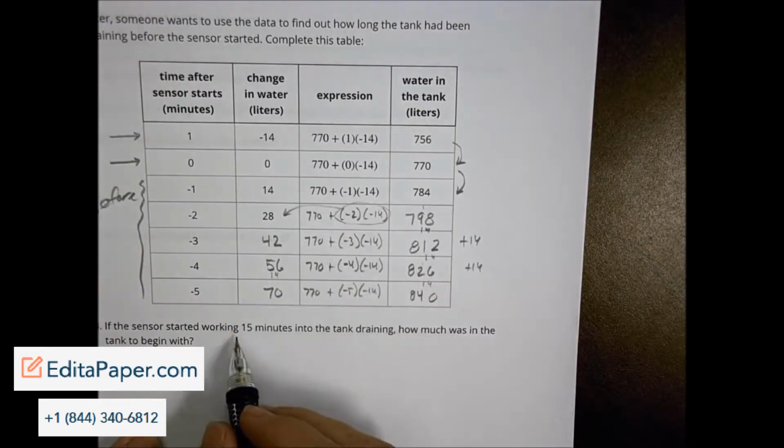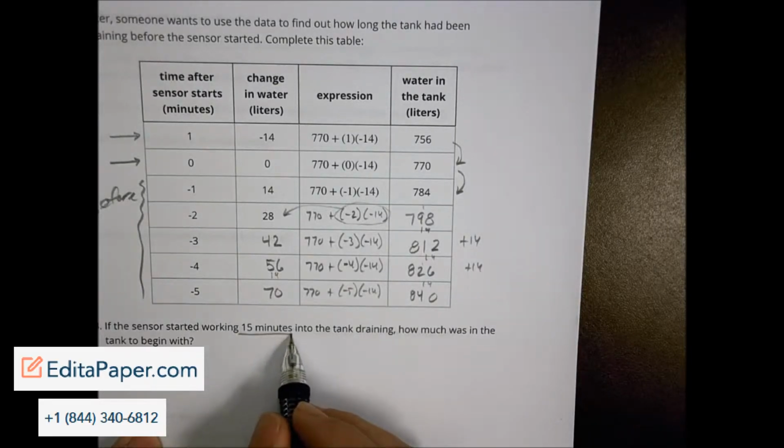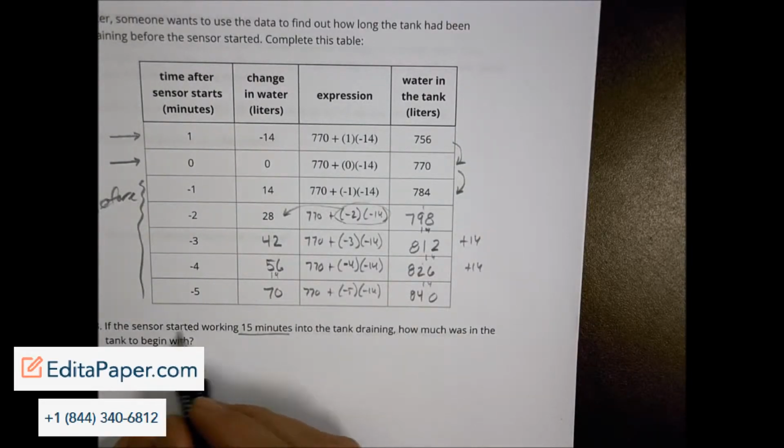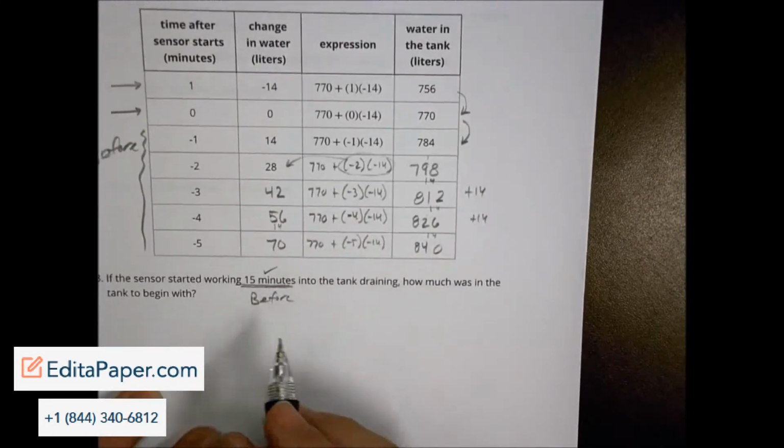So if the sensor started working 15 minutes into the tank draining, how much water was in the tank to begin with? Okay, so that means it started working 15 minutes in. It had already gone 15 minutes before the sensor came on. So it had been draining for 15 minutes. We want to find out how much water was there before.